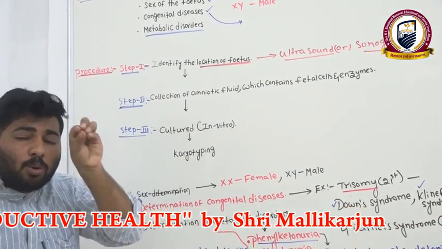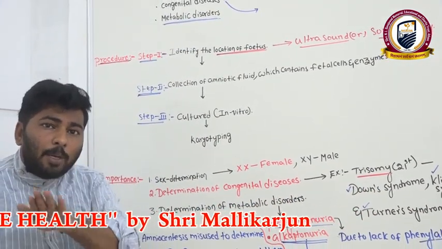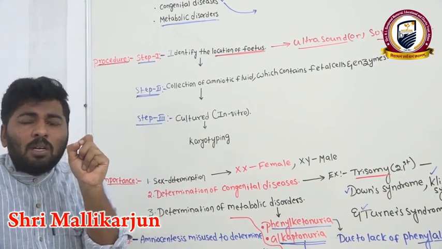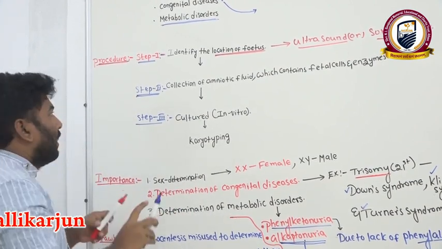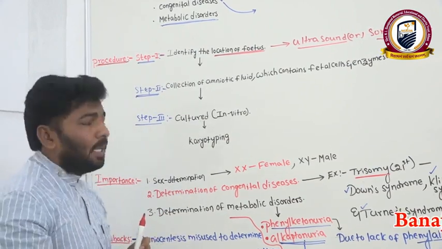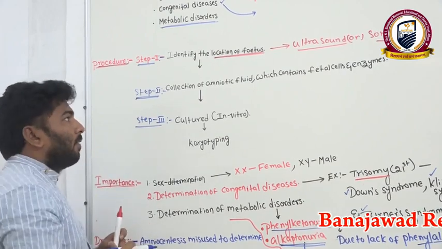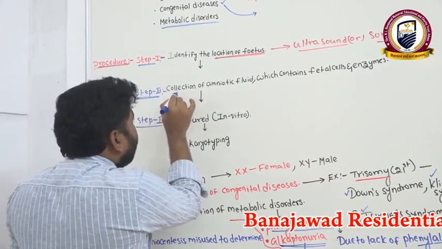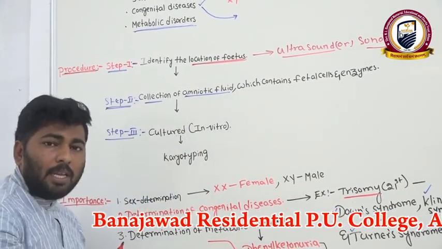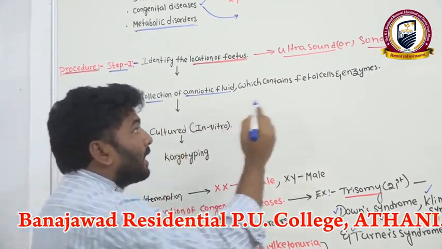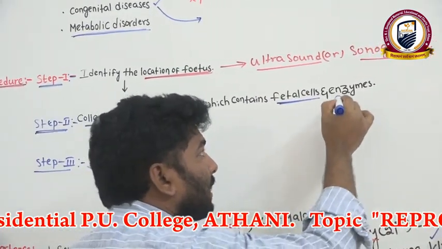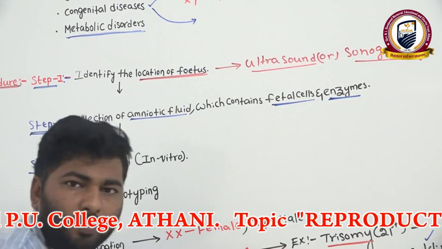After identifying the location of the fetus, we inject a small narrow needle into the amniotic cavity of the mother and collect the amniotic fluid, which contains fetal cells as well as enzymes.